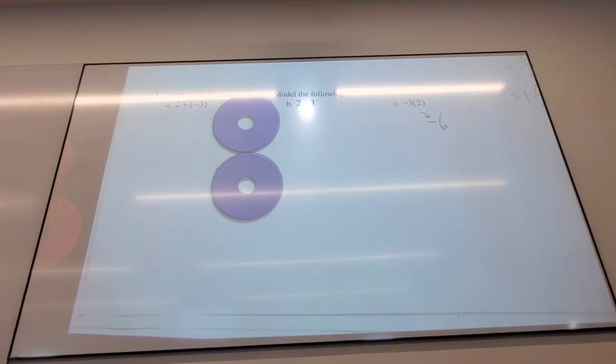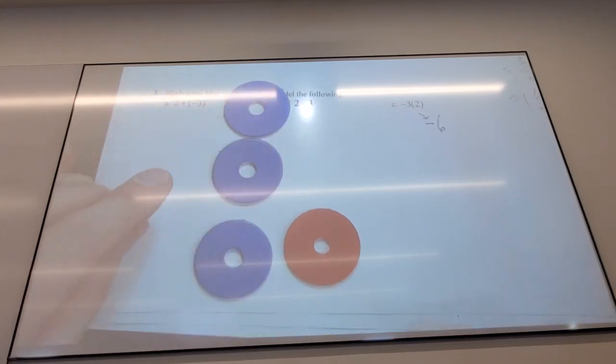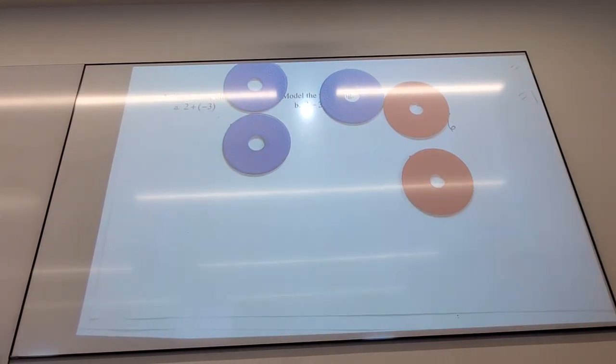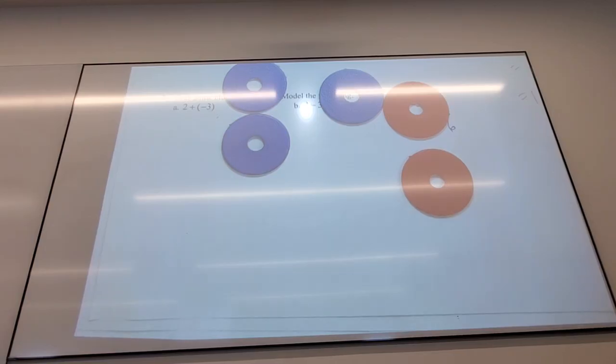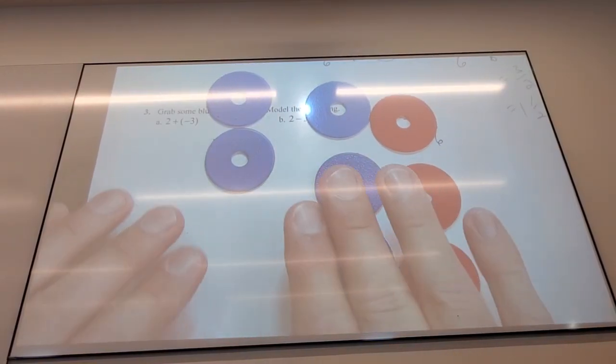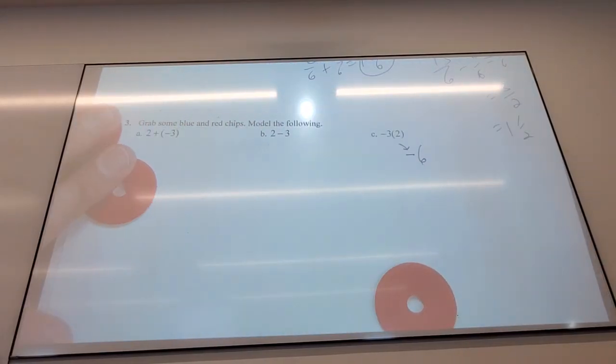What I could do is just add 1 zero, because now can I take 3 away? Yes. I could also add 3 zeros. Well, this is overkill, but you can add 3 zeros, and then I can take 3 away, and then these two kill each other, and then finally get to a -1.